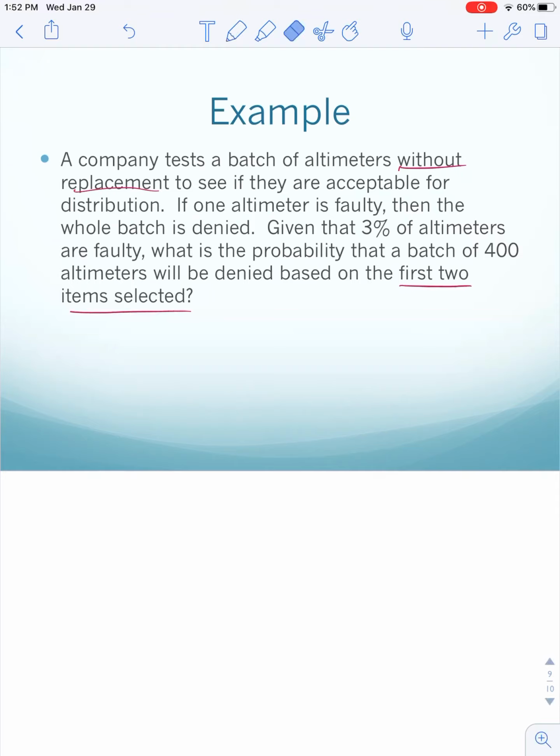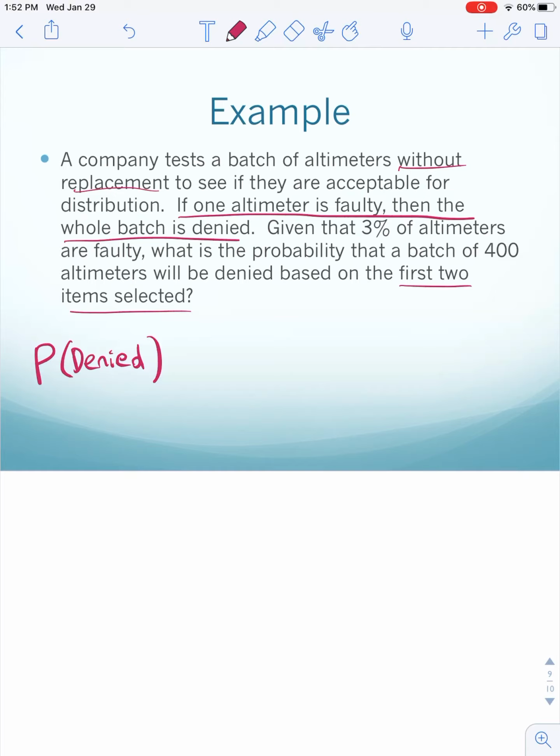Okay, a lot of words here, a lot of information being spewed at us. We're looking at the probability that it's rejected. It says the probability that a batch will be denied. Probability of denied. Well, to get denied, that means that one or more of the altimeters are faulty. If both are faulty, they're definitely going to deny it.